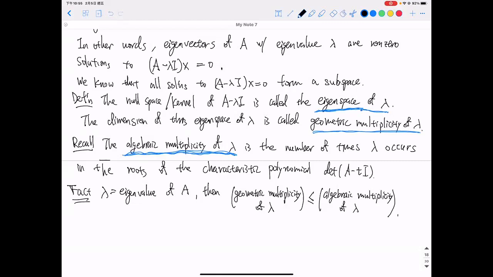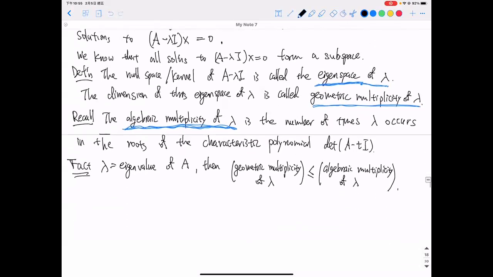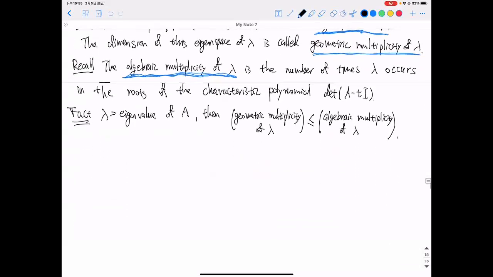This is not too hard to prove, but we will not prove it in general. Instead, let's now spend some time on examples. In the examples we will work out the eigenvalues and the eigenspaces and the geometric multiplicities, as well as algebraic multiplicities. Okay, let's do that.